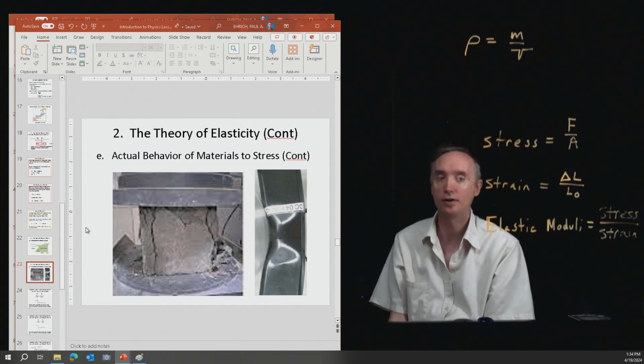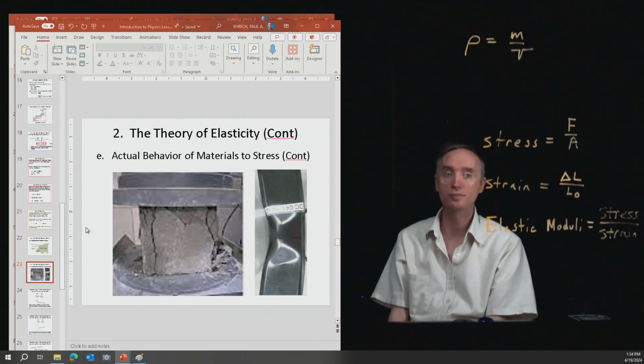They take different compositions of concrete to find the best one that can support the most amount of load. They want to know, for example, on a bridge, just how much weight a bridge can withstand before it begins to sag.